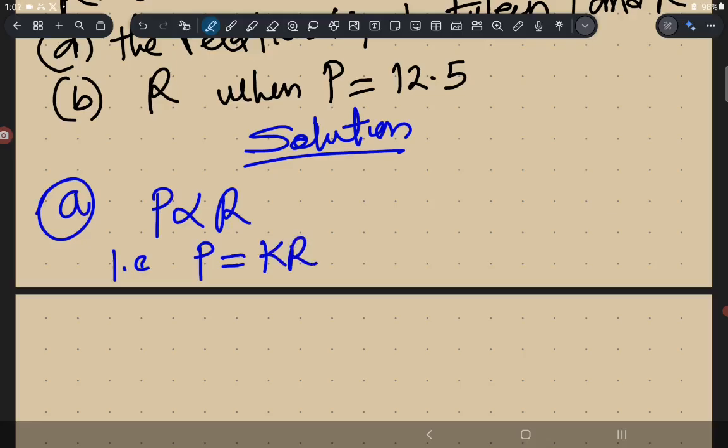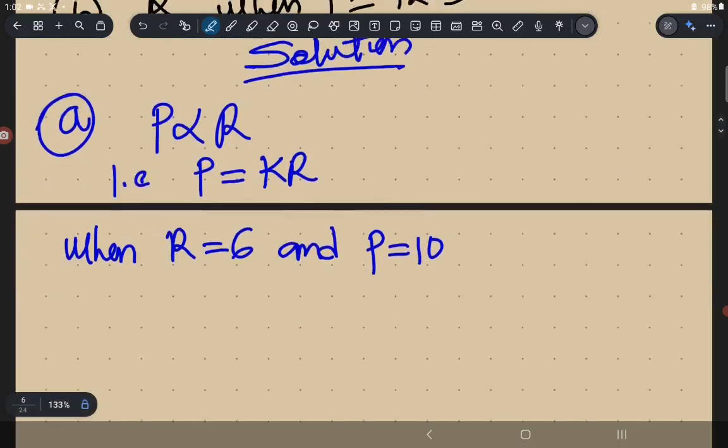We introduce a constant into the equation. We are given the values: when R is equal to 6, P is equal to 10.